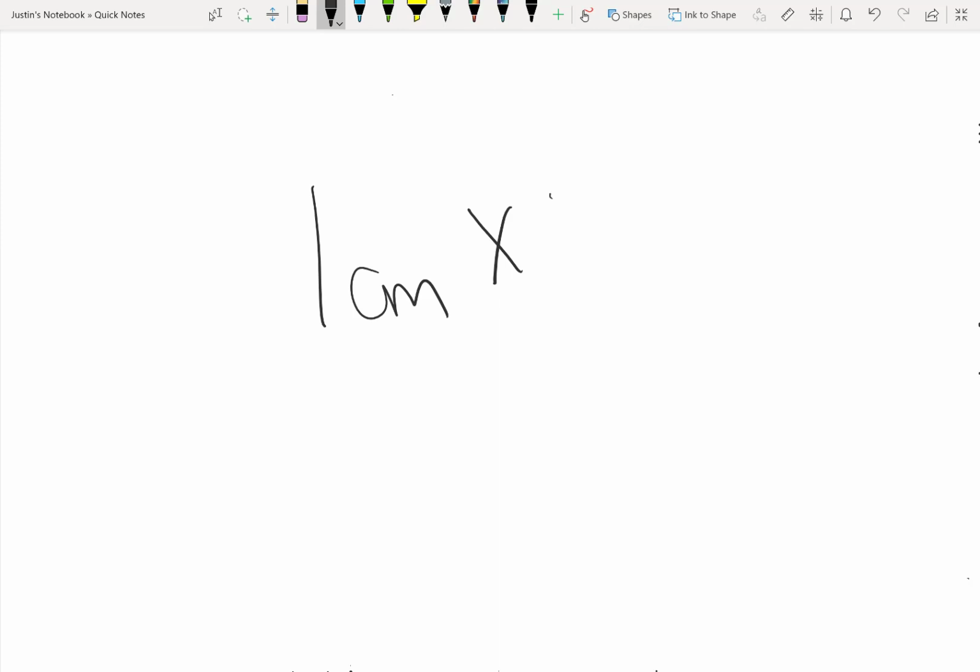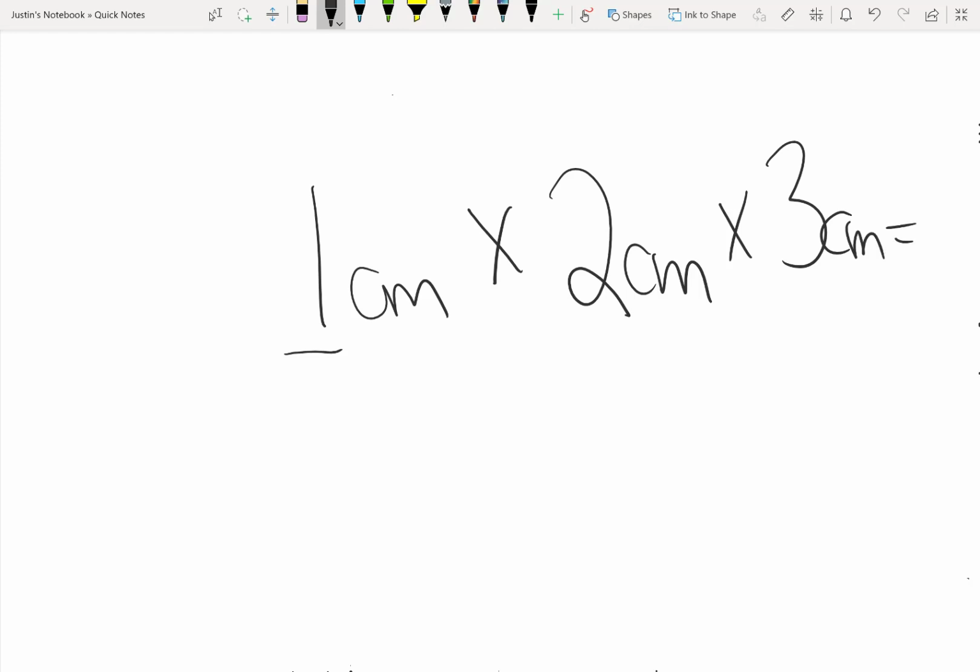So 1 times 2 is 2, so you multiply it by 2. Times our length is 3 times the width, which is 1. So 3 times 1 is 3 centimeters. And that would give us 1 times 2 is 2. 2 times 3 is 6 centimeters.